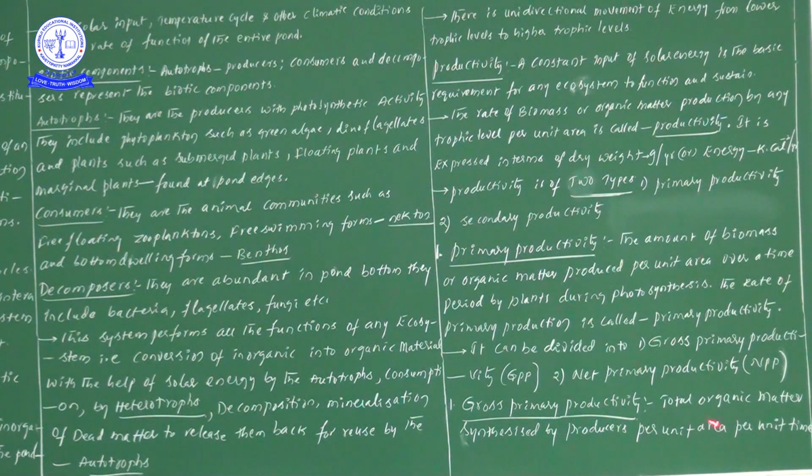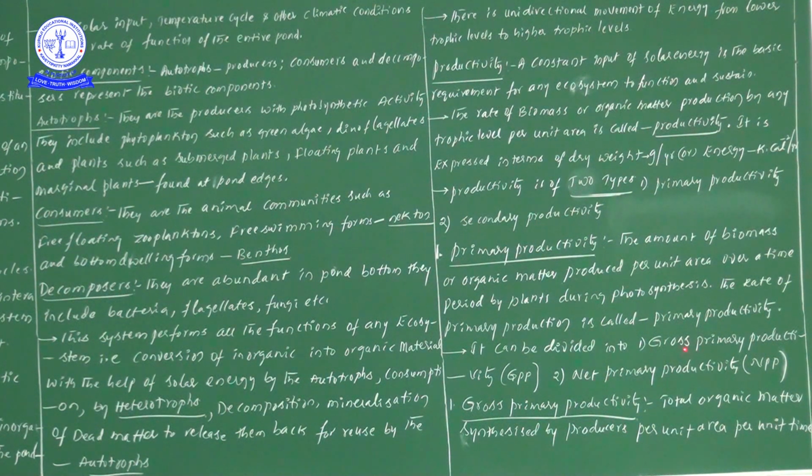After the usage for respiratory activities, the remaining organic matter is what we consider net primary productivity.